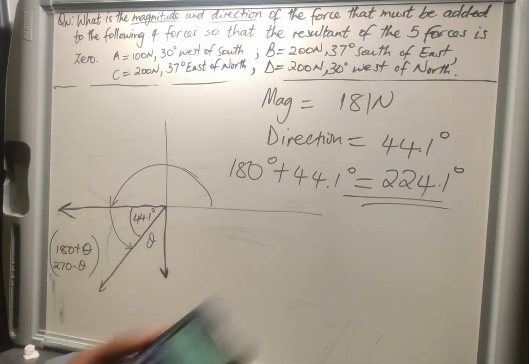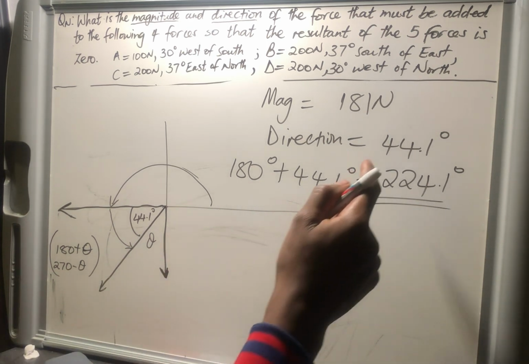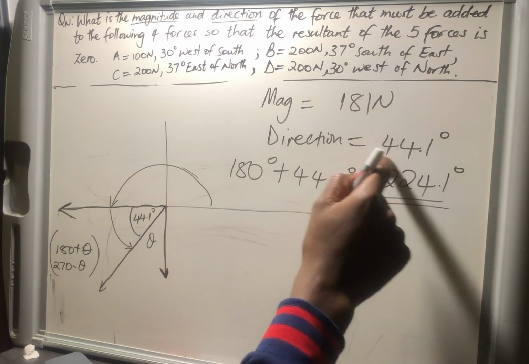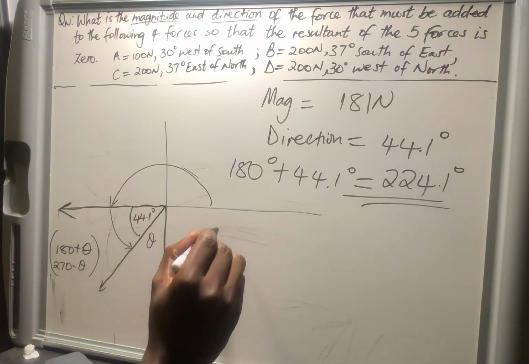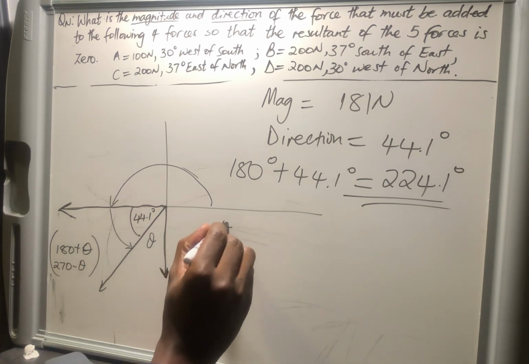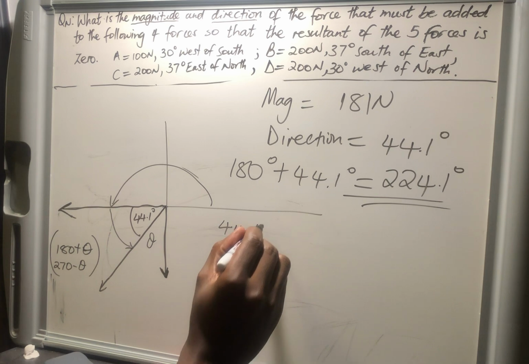So this is the direction. But if you choose to remain with your 44.1 degrees as your direction, this is what you have to do. You have to write direction is equal to 44.1 degrees.